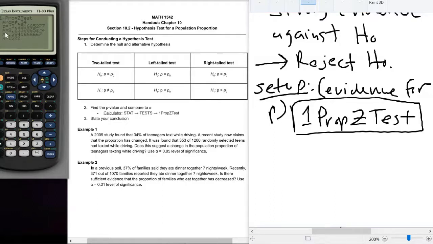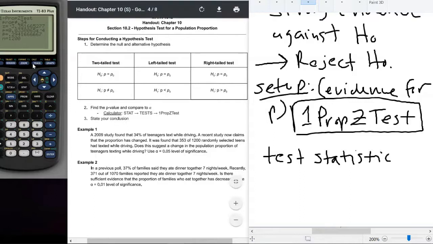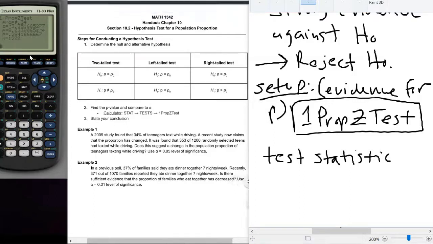But the homework assignment is going to ask for something called a test statistic. And when you're asked to find a test statistic, we're going to give the value into MyMathLab. We'll give it the value of the test statistic. Now, the calculator actually represents it as Z. It's actually supposed to be denoted as Z0.